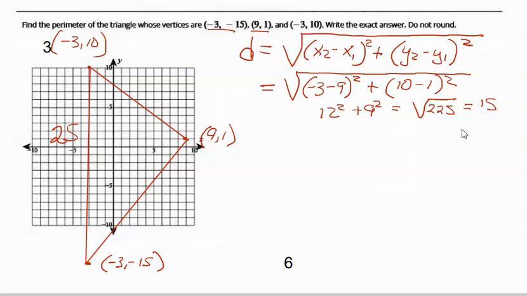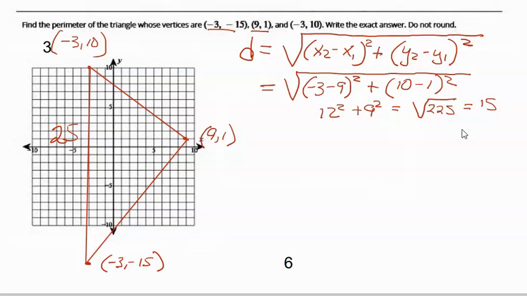Okay, so I'm using this as my x sub 2. So -3, -9, because the formula is negative. So this gives me a -12 that I square, becomes positive. And this is 144.